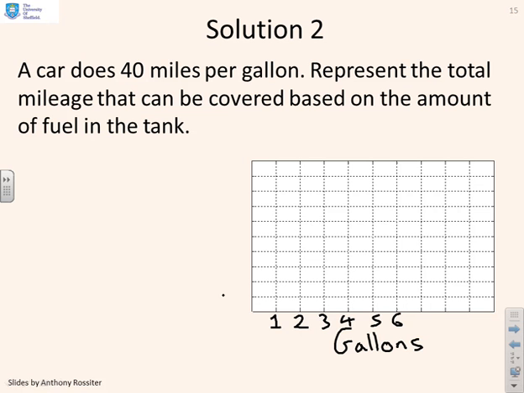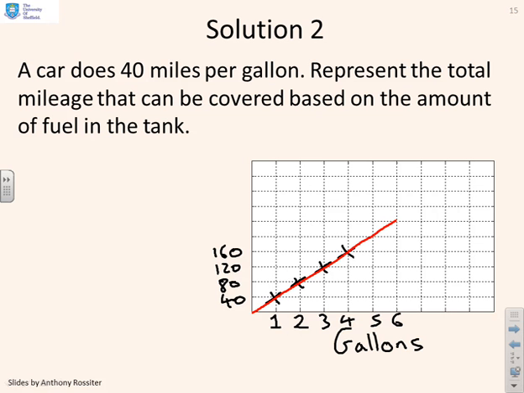If I have 1 gallon, I can do 40 miles. 2 gallons, 80 miles. 3 gallons, 120. 4 gallons, 160, and so on. So what I've done is, again, I've marked lots of crosses to show what the mileage would be. And again, I can form a straight line that goes through all these points.